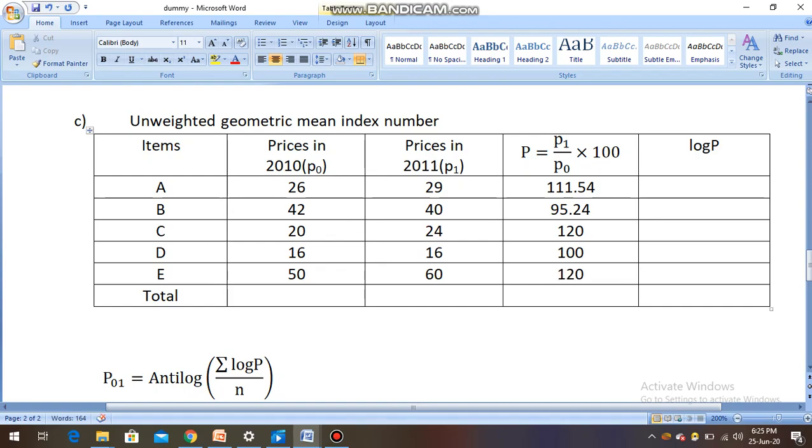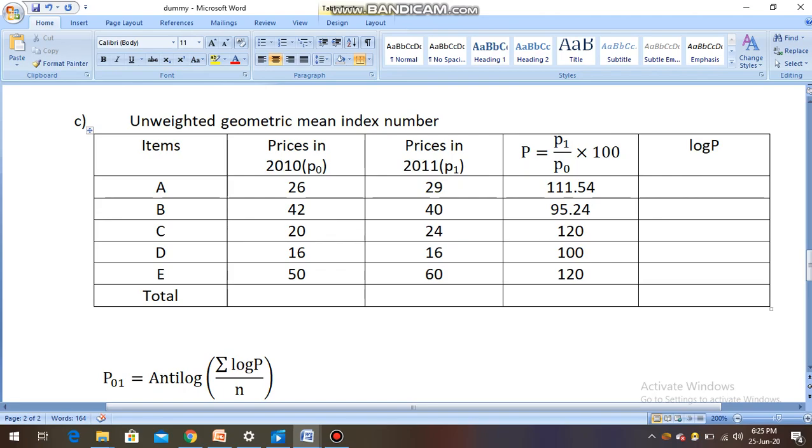Now after the calculation of price relative P, we need to find the log value of each of this P. That is log of 111.54, log of 95.24, and so on.